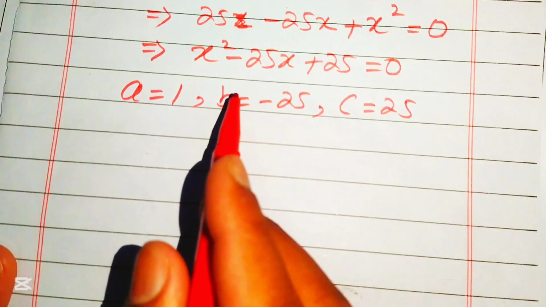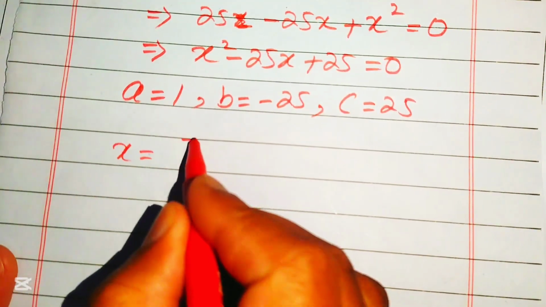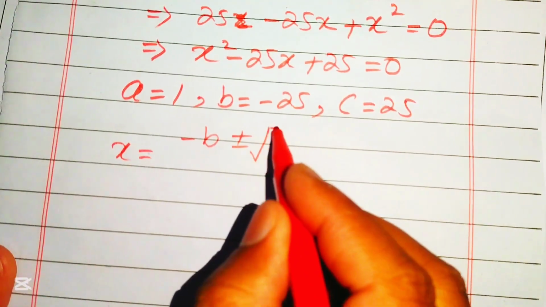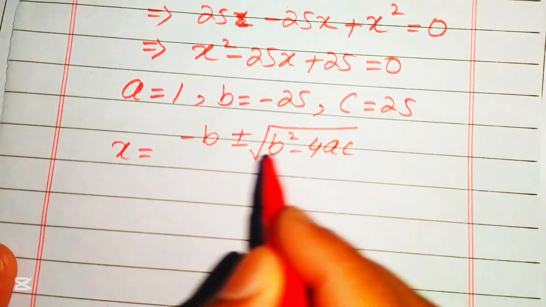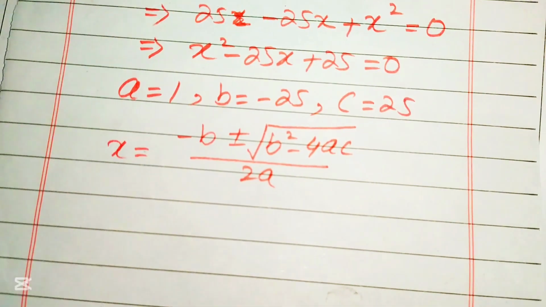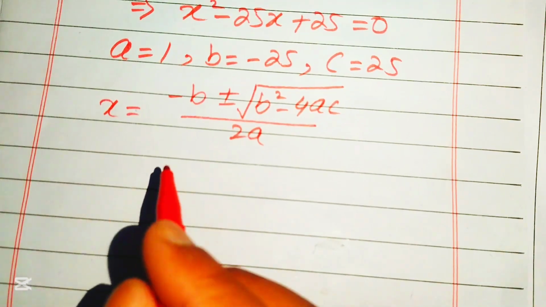After this step we will just apply the quadratic formula. It is stated as x equals minus b plus minus square root of b squared minus 4 times ac, divided by 2 times a. So now we can put the values of a, b and c in this nice formula.